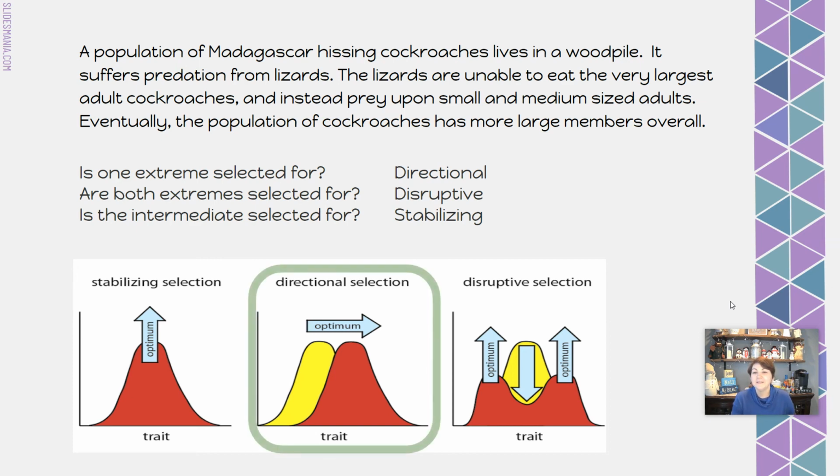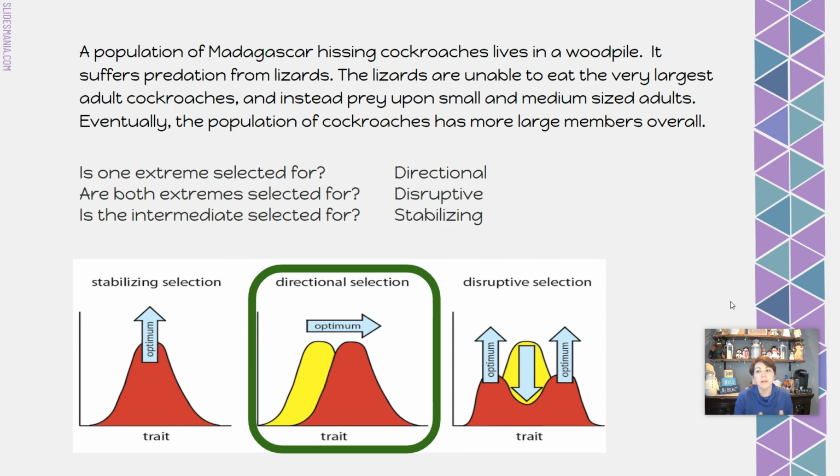Okay, if you selected in this one directional, you would be correct because we are selecting, and I have a lot of kids who are confused about this one. We're eating the small and the medium-sized adults. So when you're eating something, that's a bad trait to have. That's being selected against by nature.